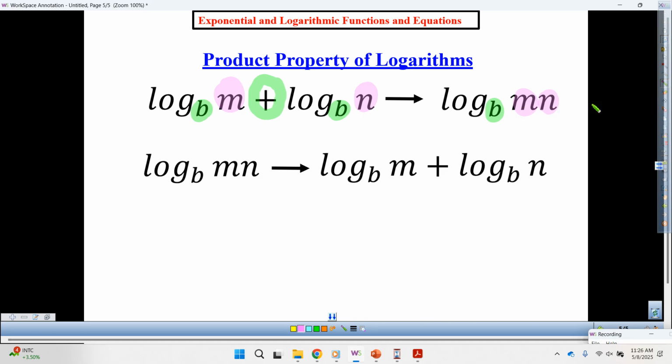M times N. Or if we reverse it, if they give us a log with a base and two numbers multiplying, we can split them up by making each number its own log of the same base, and then we do the sum.